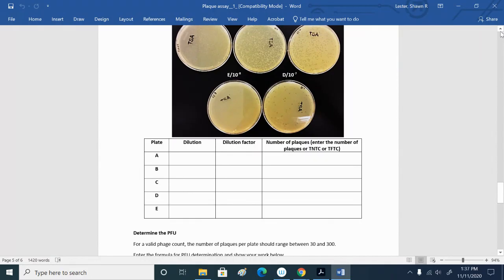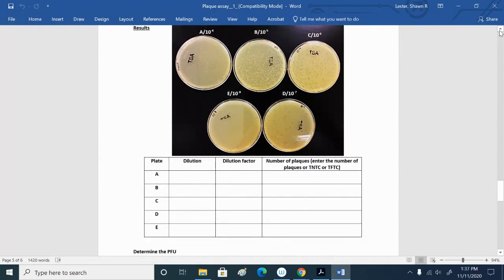So here we have our 5 plates, and these are labeled A, B, C, D, E, and they go in this order, A, B, C, D, E, right? So a little strange to go this way. And so they've given us all the dilutions on the plates, right?